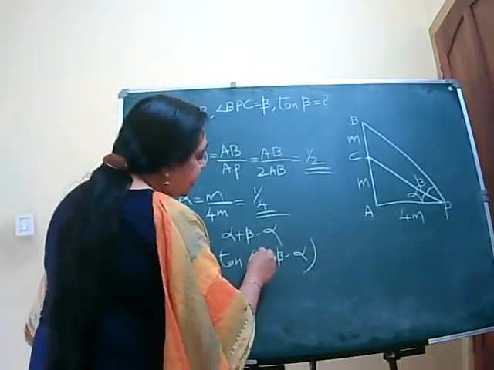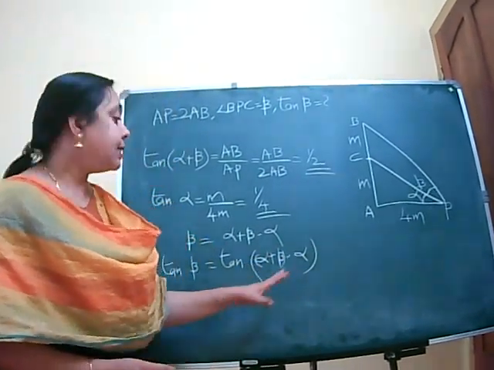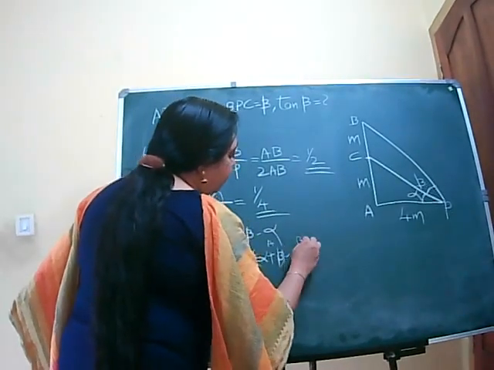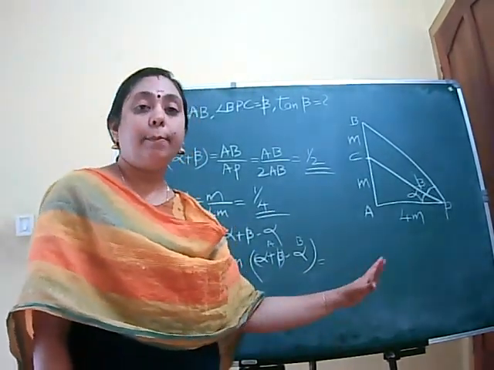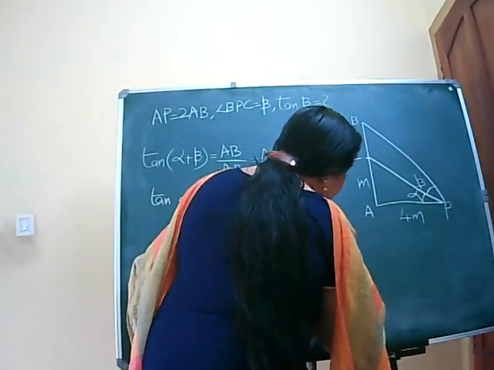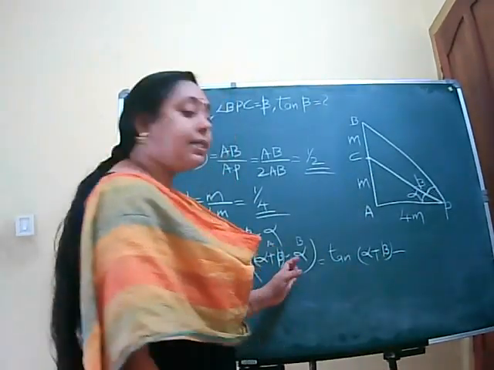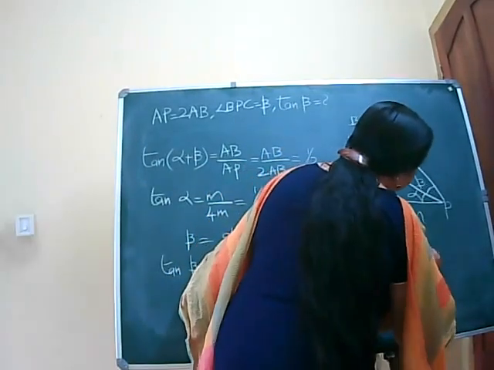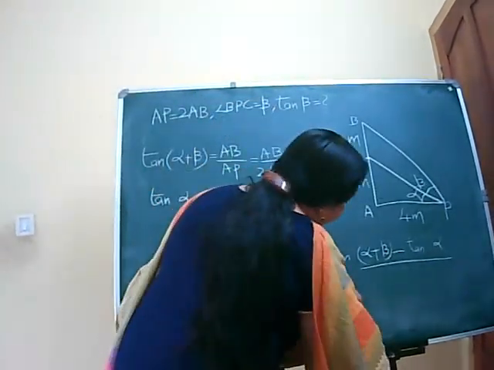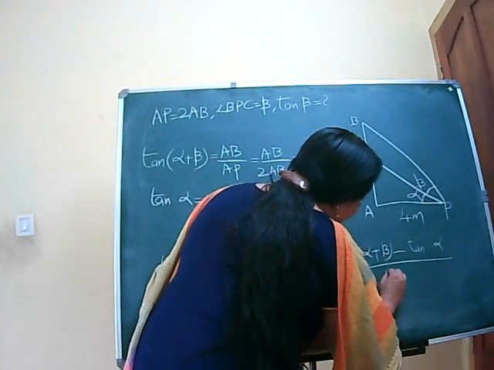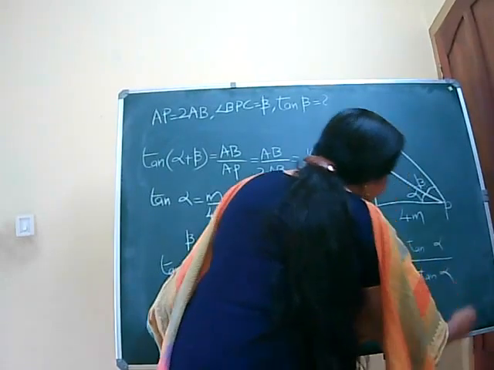Okay, then just take this as a whole angle and take this as tan A minus B, which is equal to tan A minus tan B divided by 1 plus tan A tan B. That is, tan alpha plus beta minus tan alpha divided by 1 plus tan alpha plus beta into tan alpha.